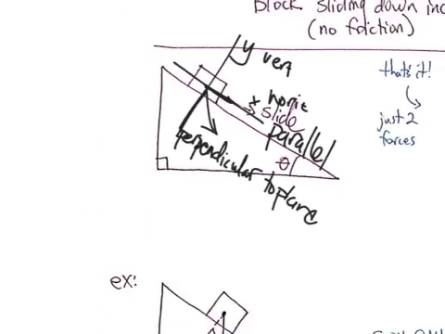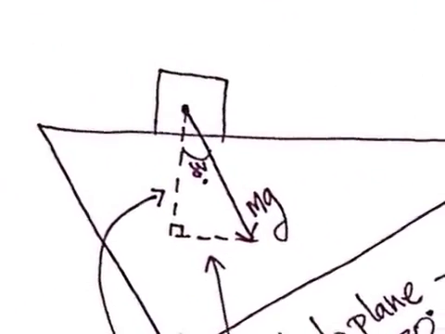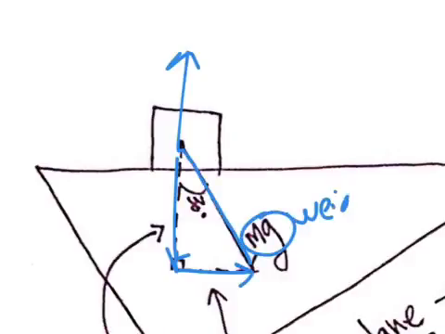So we're going to use our SOHCAHTOA skills, our right triangle trig skills, to figure out the weight mg. If we're viewing it from this angle, it is pulling to the right and pulling downward.